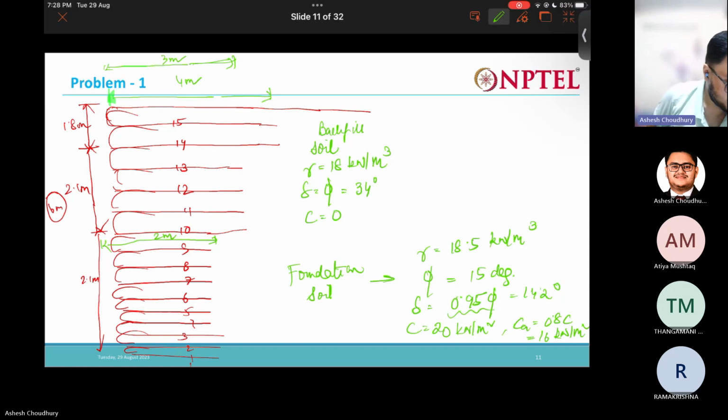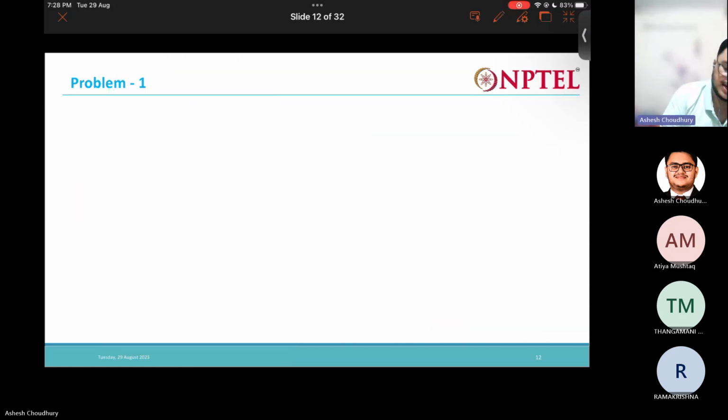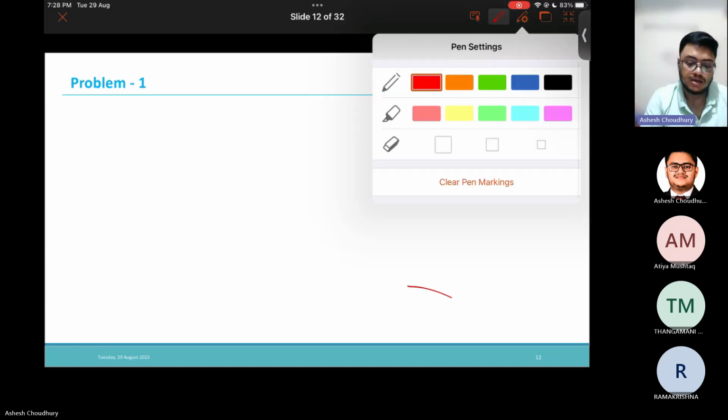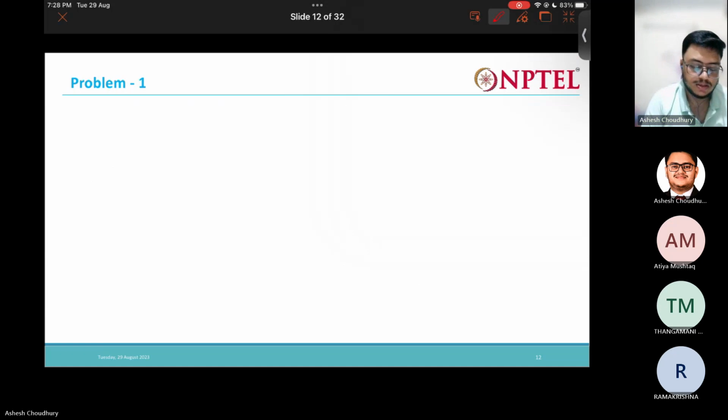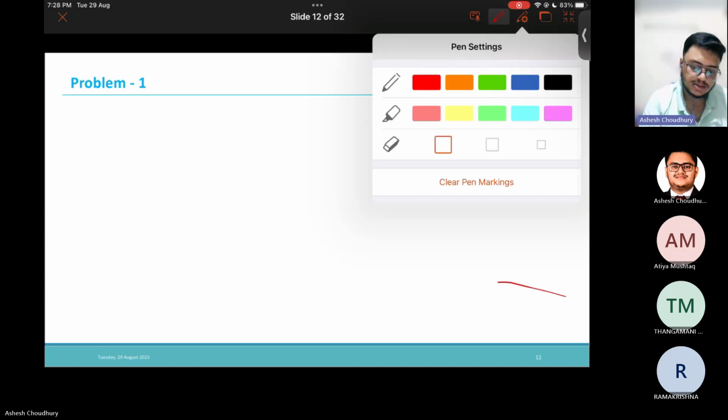Okay, now first is the sliding check. What I'm seeing here is that the solution that is given in Cornard's book, in that solution, what they did was these lengths are actually not matching.